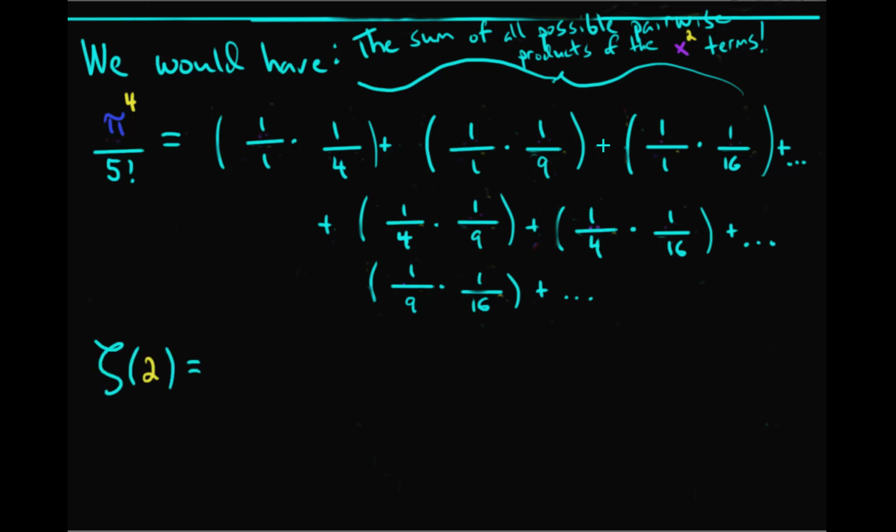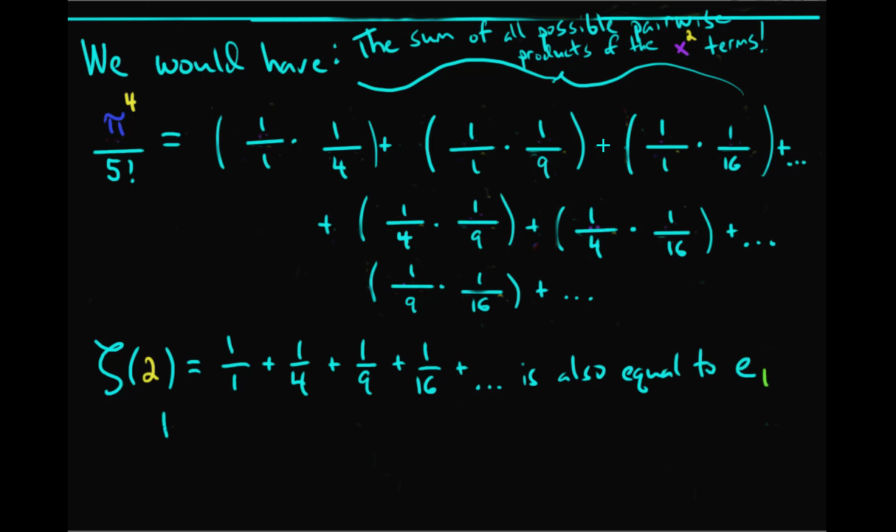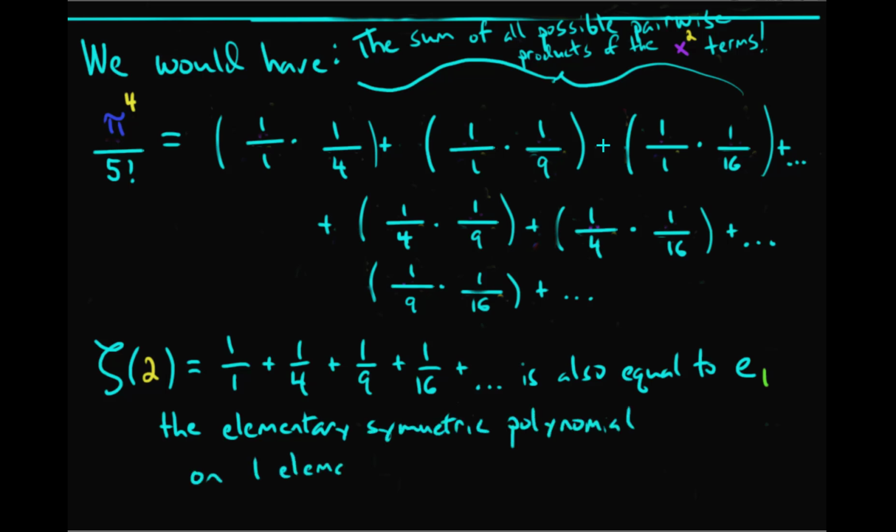In fact, under this interpretation, zeta of 2 could also be considered to be equal to the first elementary symmetric polynomial E1, the sum of all singleton products, in other words, the sum of all individual terms. That's E1, the elementary symmetric polynomial on one element, and it equals P1.